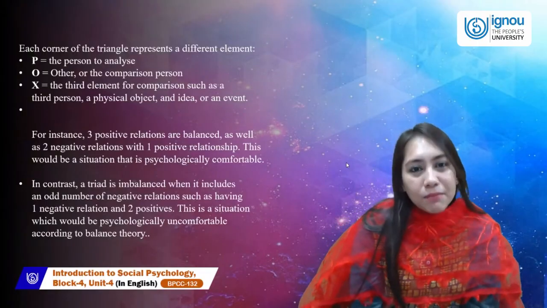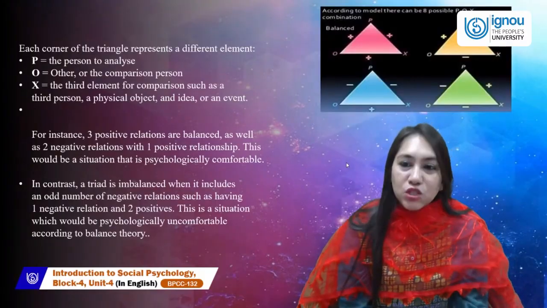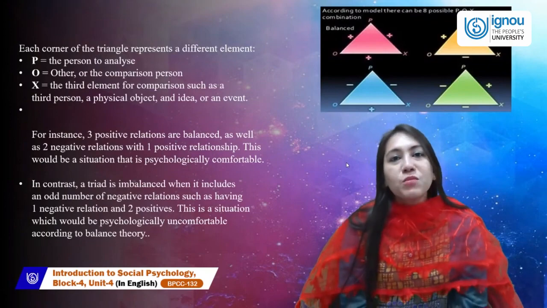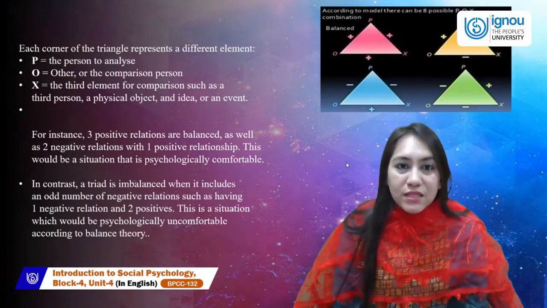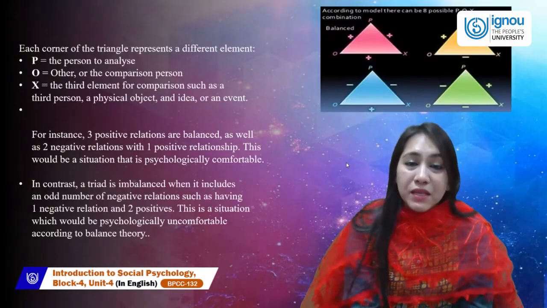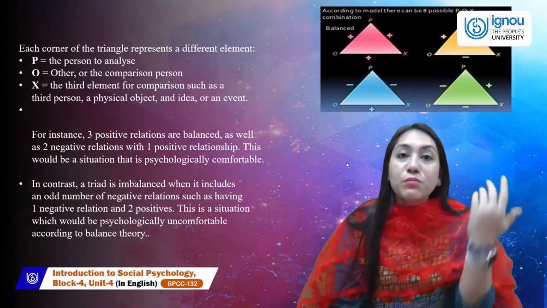Now, what is imbalance in this triad and what is balance? Let's take an example of the picture that we have. When we talk about a balanced situation, remember, balance would be all three sides being positive, which is the relationship between P and O, O and X, and X and P. So all three sides of the triangle, which is the triad, have to be positive.